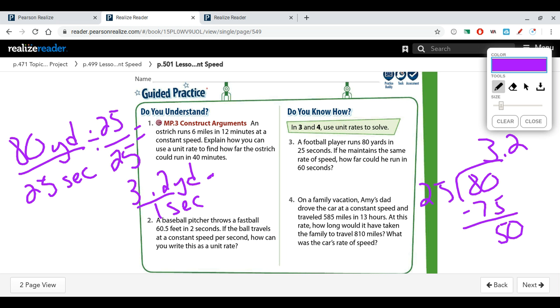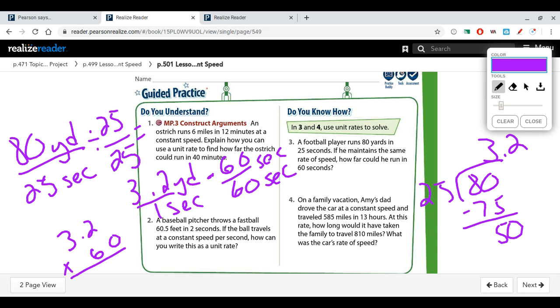And then I take the 3.2 and I'm going to multiply that by 60 seconds. So let me do 3.2 times 60.